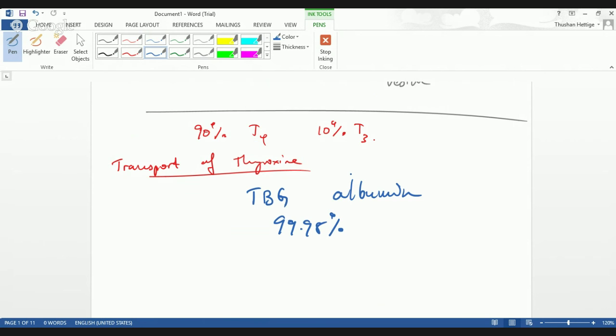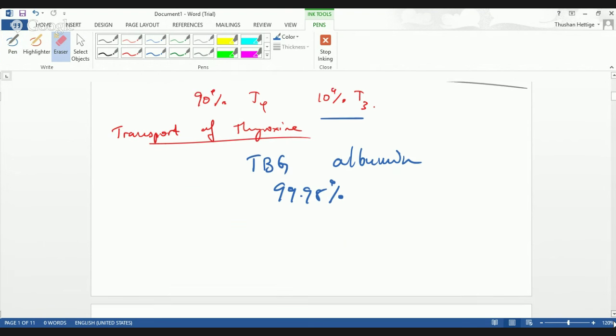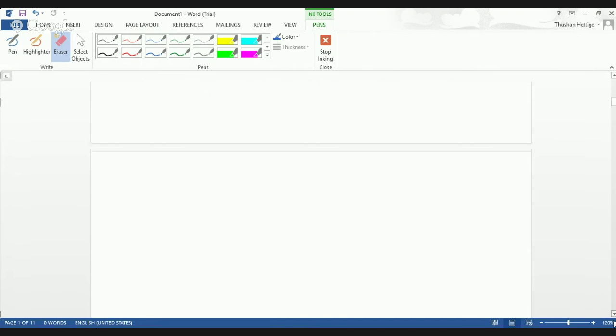The question is, if T3 is the much more biologically active hormone, how do peripheral tissues use T4? Well, let's look at the structure of T4 and T3. I'm simplifying the picture, by the way. If this is the backbone, you can think of T4 as looking like this, and T3 as looking like this.